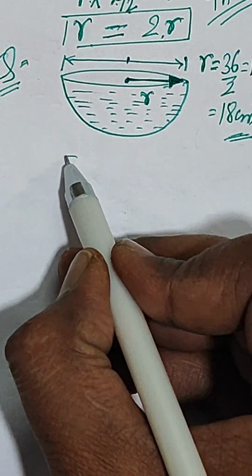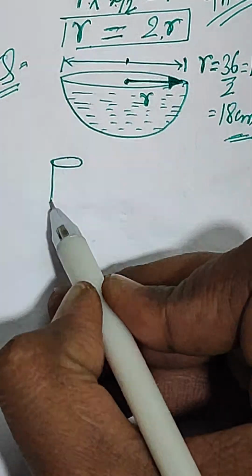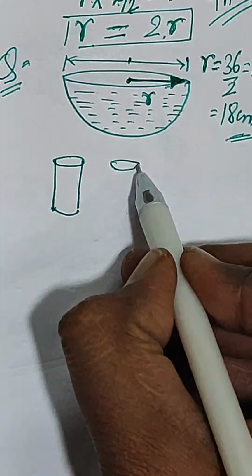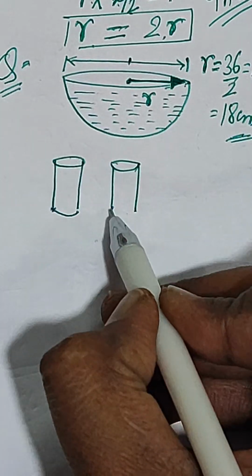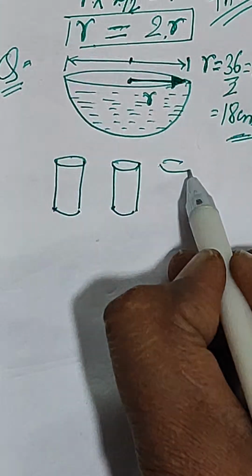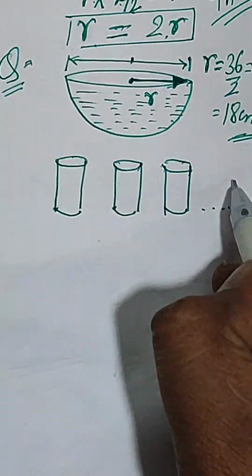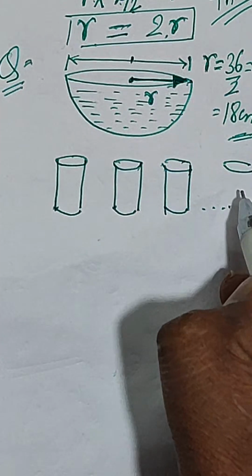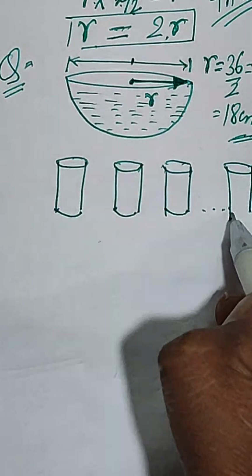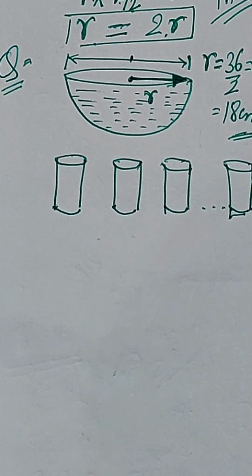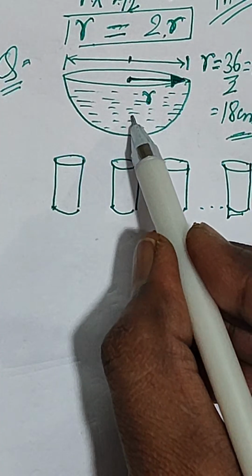So cylindrical bottles are there, small bottles, of the same size. Now we need to find how many bottles are required to empty the liquid from this bowl.